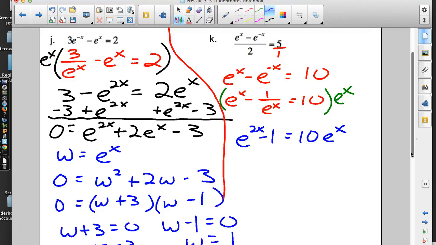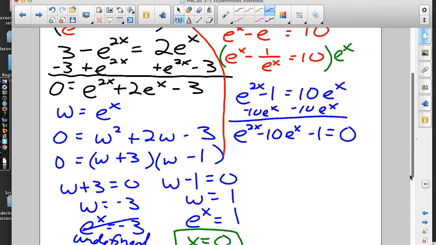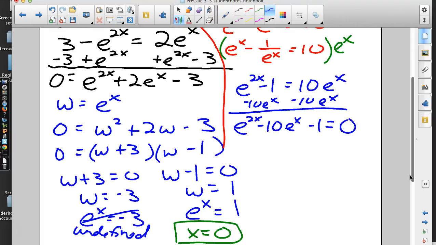Put them all over. There's something to do at this point.